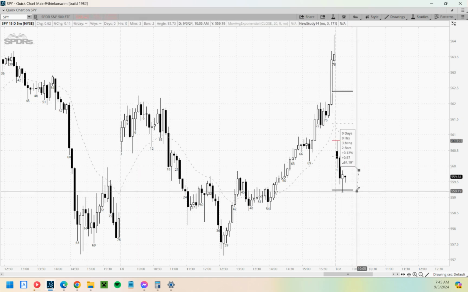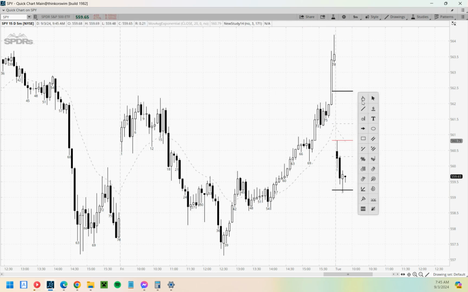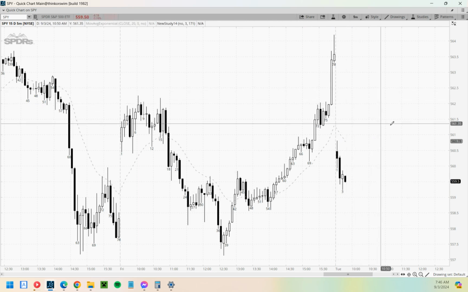You'd be risking, I don't know, 60 cents trying to make 250. So 4 to 1, 5 to 1, maybe 40% chance you get it. So that would be a reasonable trade.